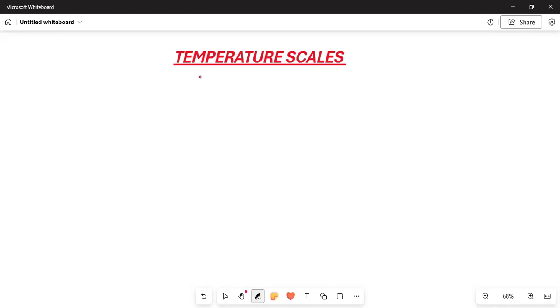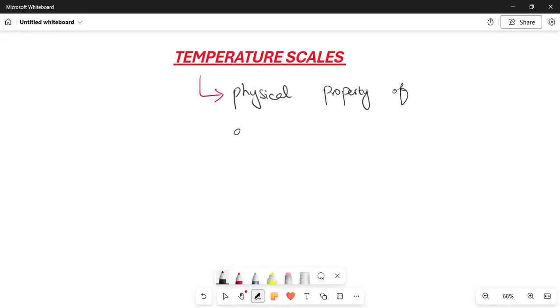For the measurement of temperature, remember that there is a physical property of a substance that changes with the change in temperature, and I'll explain it in a bit.